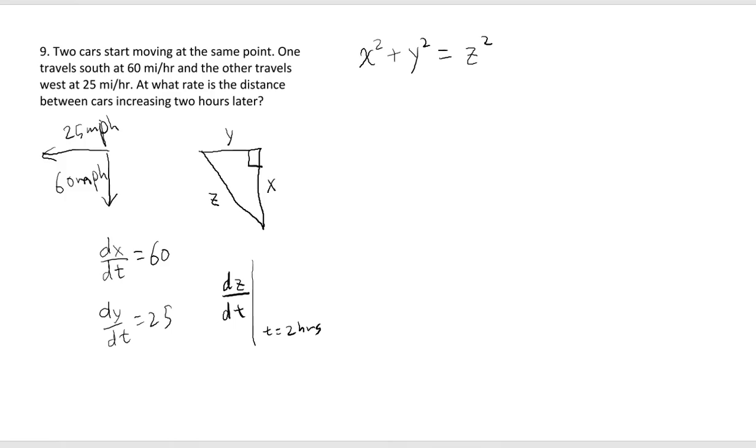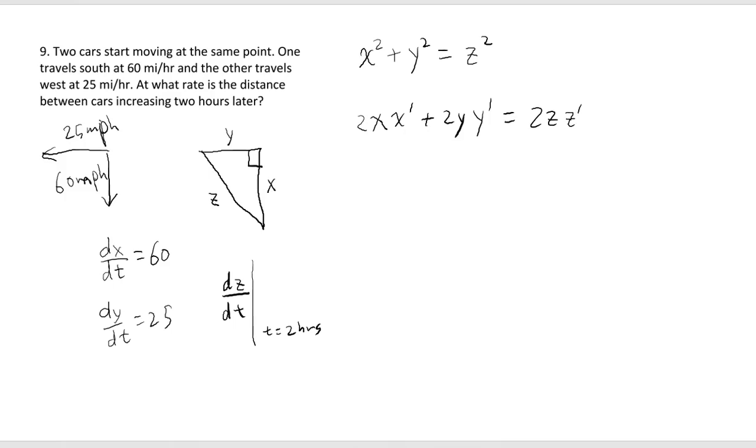We take this and we differentiate everything. All of these are functions of t, so you have to use the chain rule when you differentiate. So 2x times the derivative of the inside function, 2y times the derivative of the inside function, 2z times the derivative of the inside function.